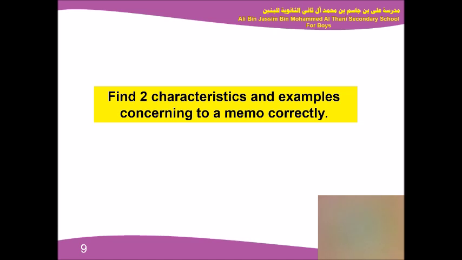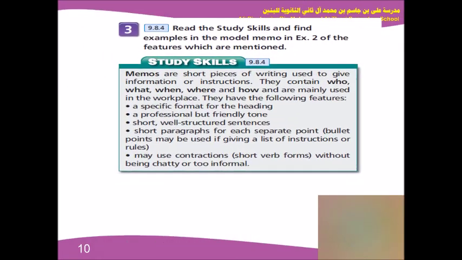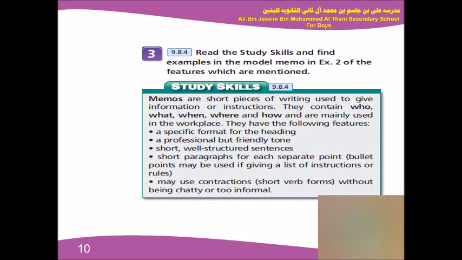So try to find 2 characteristics and examples concerning a memo correctly. Read the study skills and find examples in the memo in exercise number 2 of the features which are mentioned. This is very important to identify the characteristics of the memo.